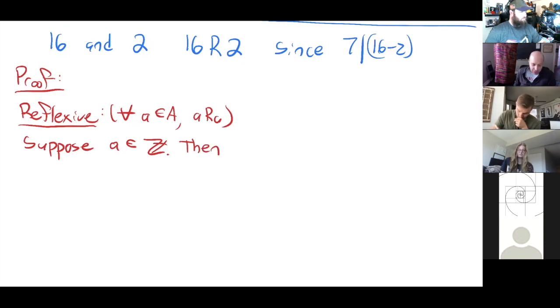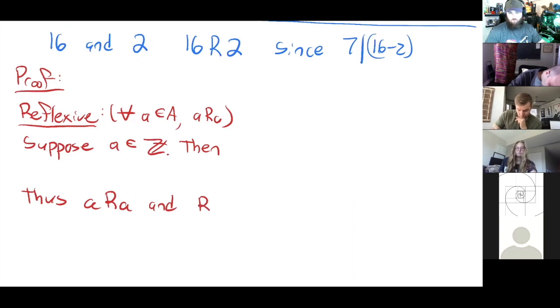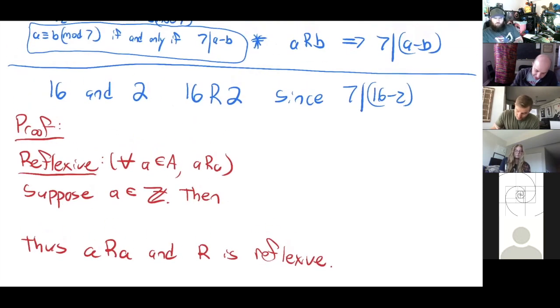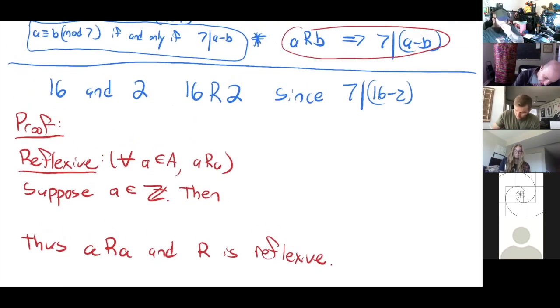And again, what we're hoping to show first is that A is related to itself. If we use this definition up here, then if I can show that 7 divides the difference of those two things, that should be enough to prove that they're congruent mod 7.